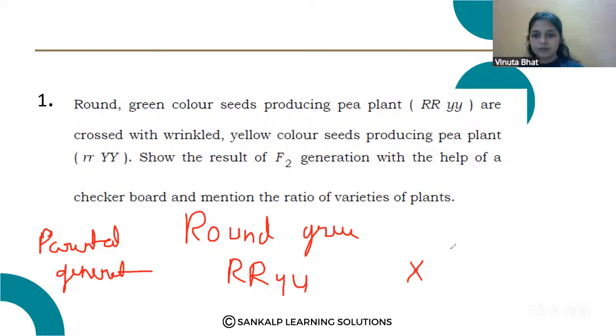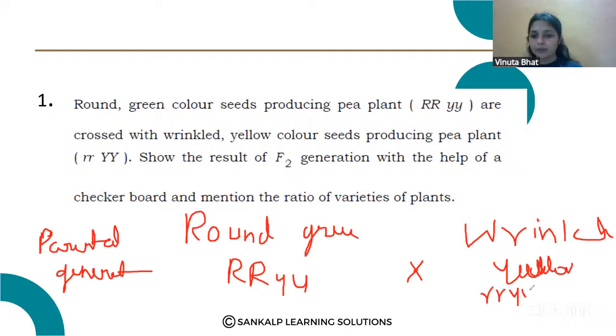Then wrinkled yellow seeds. Their genotype is small r, capital Y. So this you should write first.